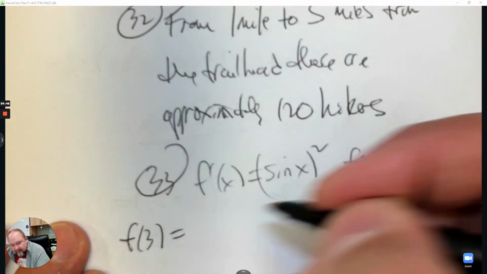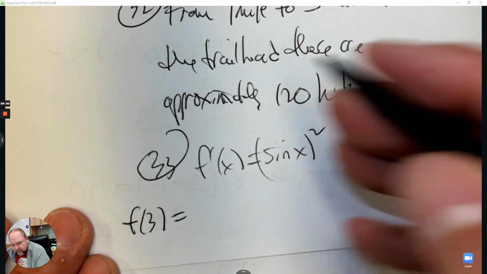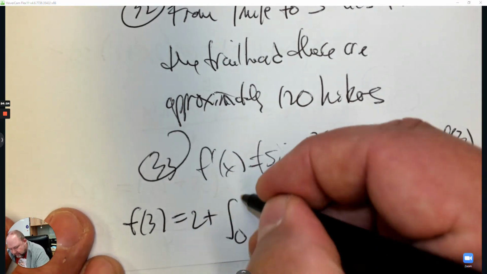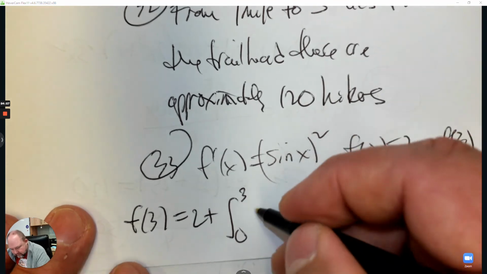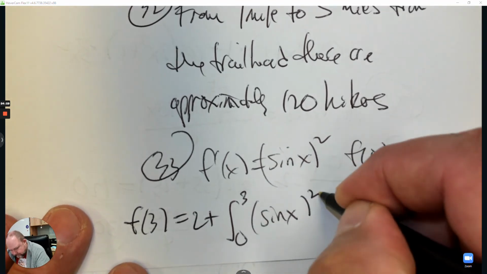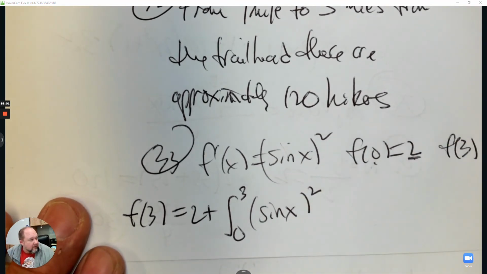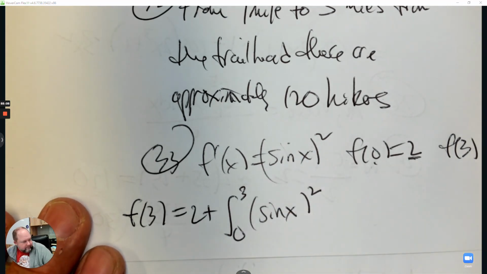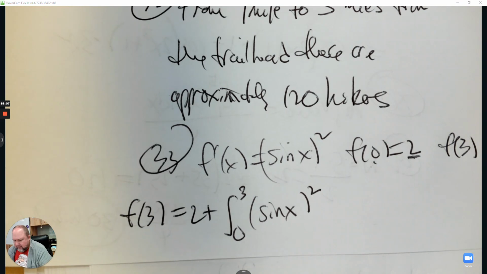So I want to find f at 3. So the starting value is 2. And then I integrate from 0 to what I'm looking for, which is 3, and I integrate the derivative. You're going to use your calculator. So type this in your calculator. I don't know where did mine go?